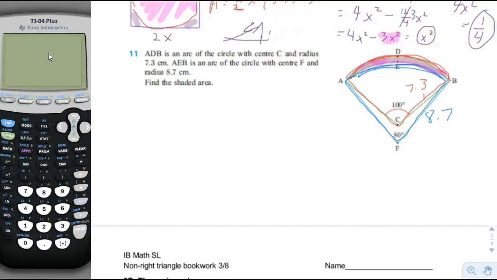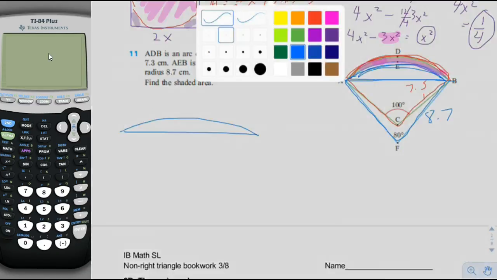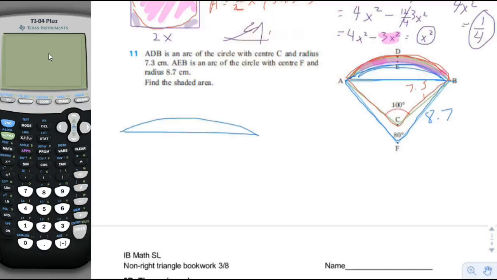That is kind of a challenging problem. I think that one of the things we're going to have to do is draw a line here and then work with this watermelon shaped area. So we got this, and we got this line, and then we got the red line here.